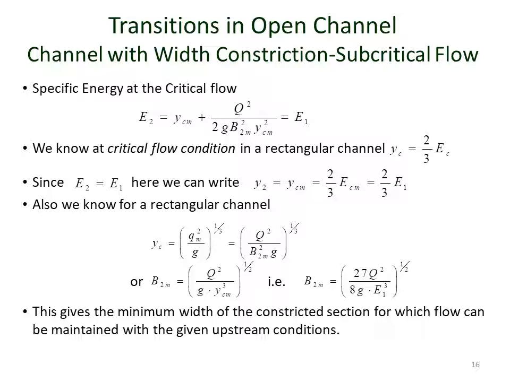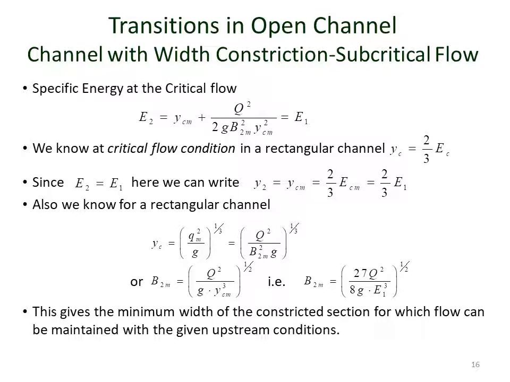And also note that here, as we mentioned before, the specific energy does not change, so E1 will be equal to E2 here. We also have derived for the critical flow conditions in a rectangular channel, YC is equal to 2/3 of EC. That's the critical flow depth is 2/3 of the specific energy at critical condition.